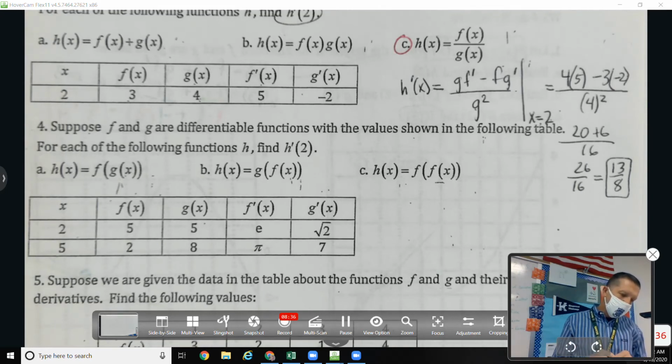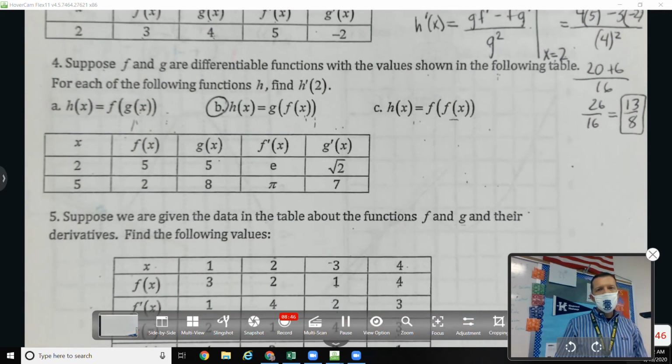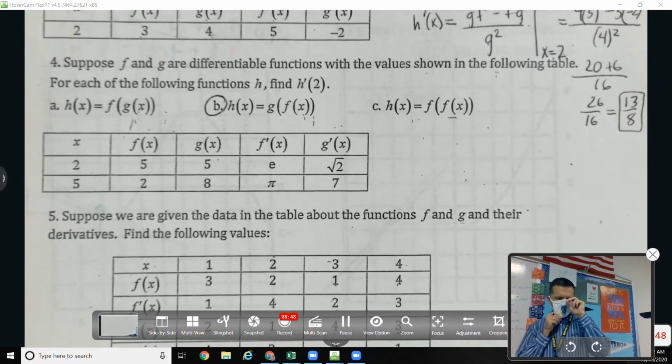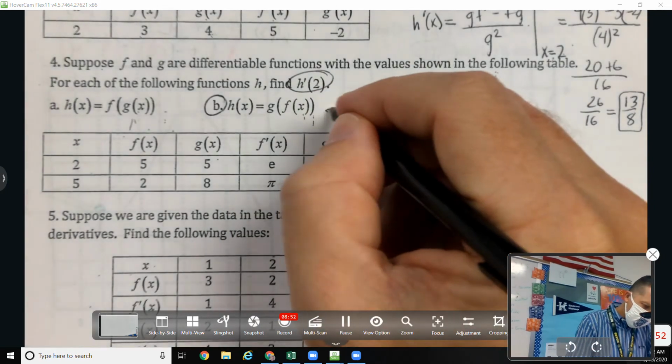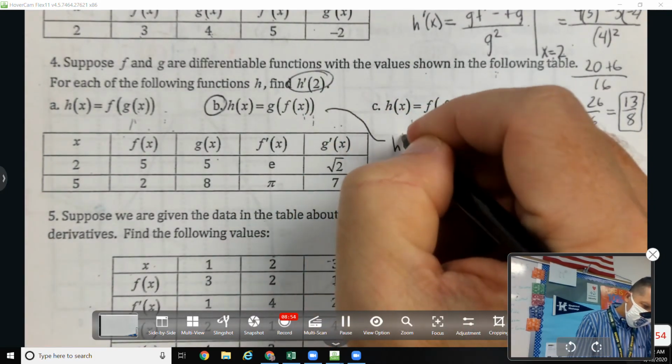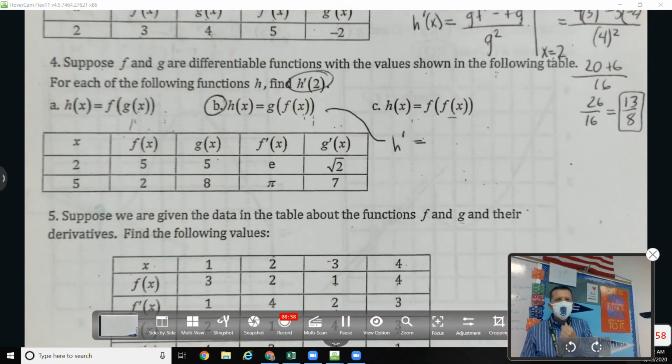Let's do one more with the chain rule. Let's look at 4b. So another table problem. Still trying to find h prime of 2. But h prime, so this is chain rule, but it looks a little different because there's not actual functions there. They're just g and f.